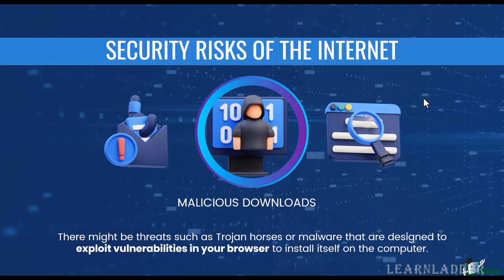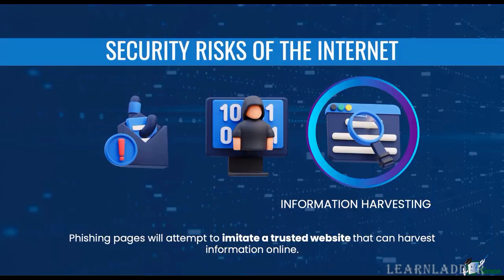There might be threats such as Trojan horses or malware designed to exploit vulnerabilities in your browser to install itself on the computer. There are also threats internal to the browser, like cross-site scripting designed to steal information entered on a web page, leading to our third potential online threat of information harvesting.